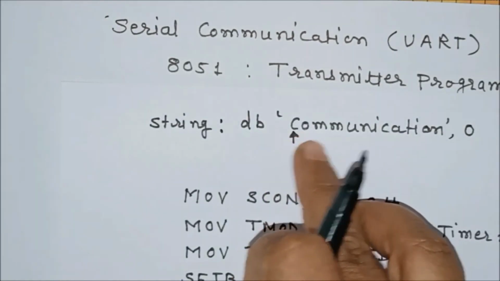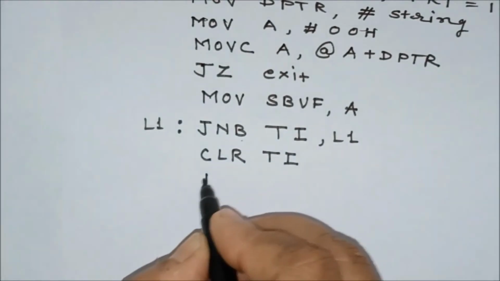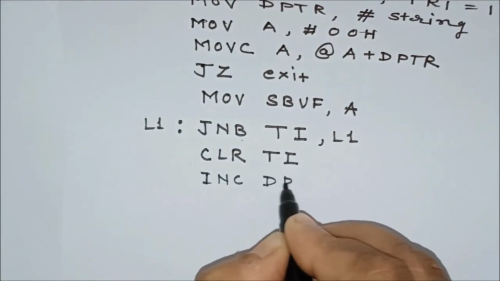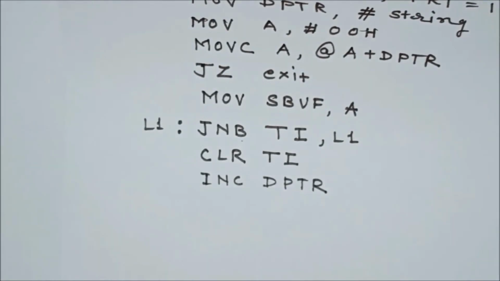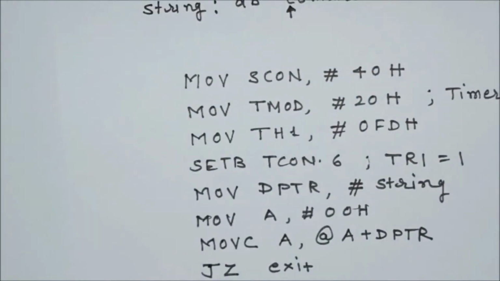To point to the next character we have used DPTR as a pointer, so we'll increment the contents of the DPTR register so that it will point to the next character in the string. Since DPTR now points to the next character, we have to execute this instruction.